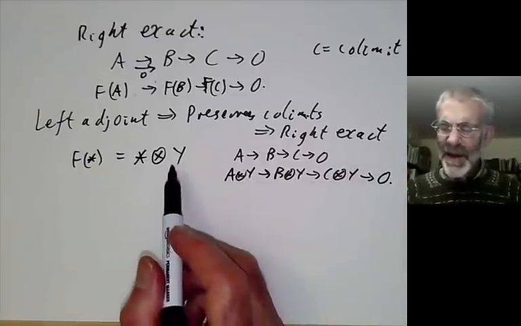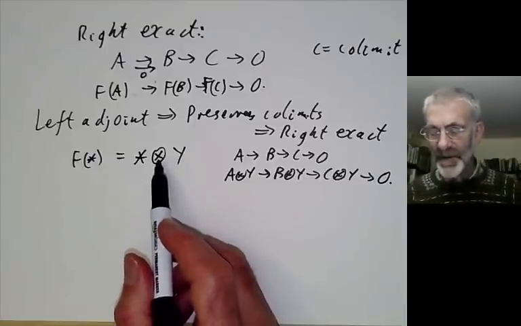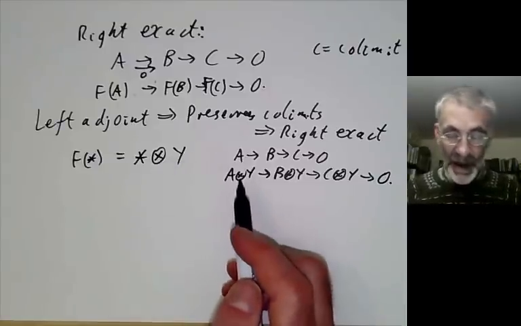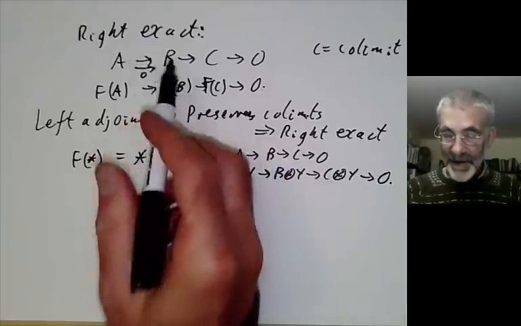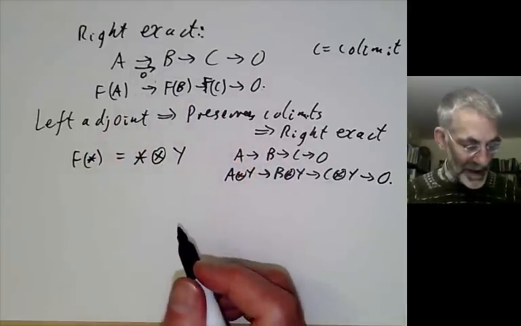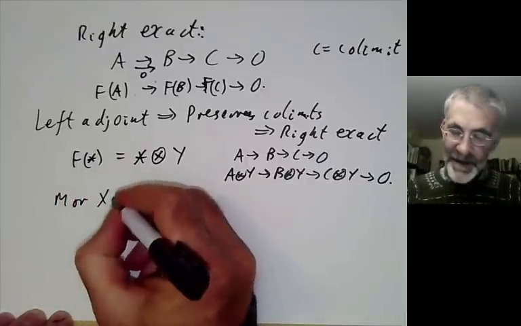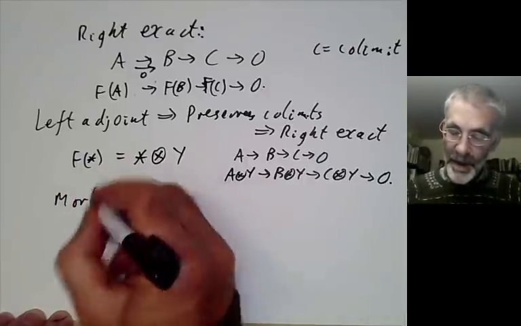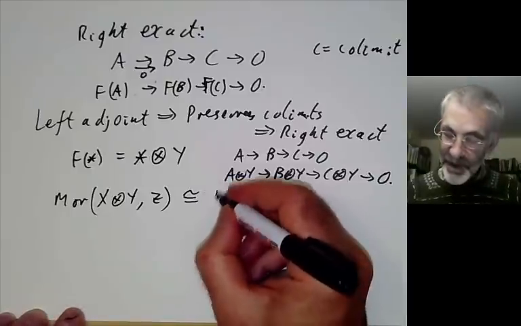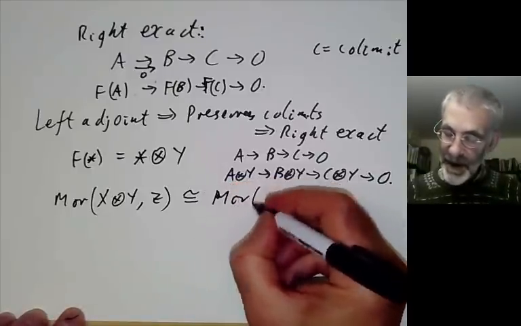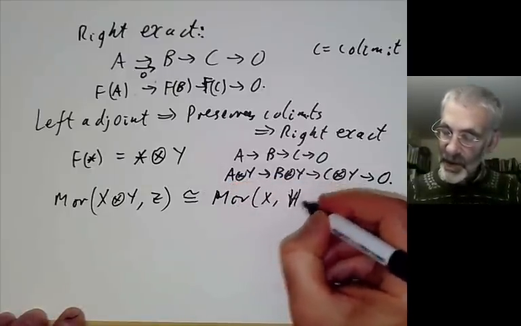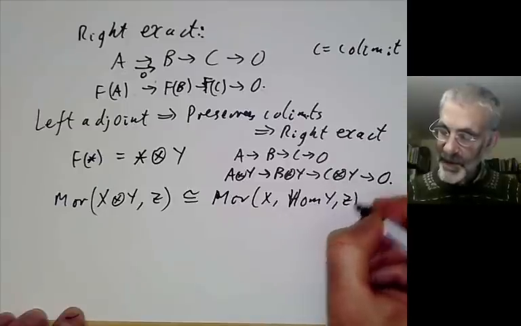This is not exactly difficult to prove from the definition of tensor product, but is a little bit tricky. However, using this result from category theory, it becomes completely trivial, because what you notice is that the morphisms from X tensor Y to Z can be identified with the morphisms from X to the homomorphisms from Y to Z.